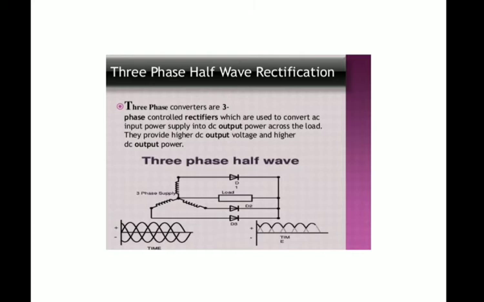So in three phase half wave rectification, we get higher power DC output. In the diagram, a 3-phase transformer is shown on the input side, and on the output side three rectifiers are shown, and the output is DC.